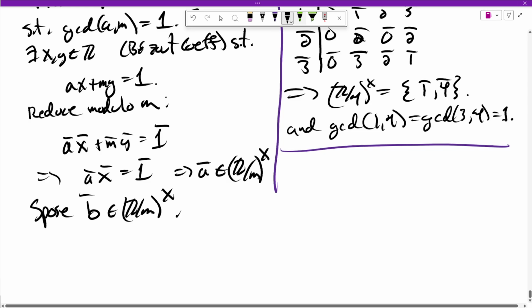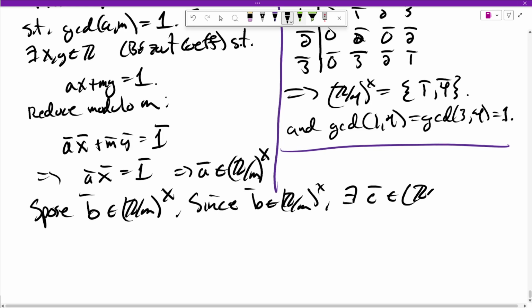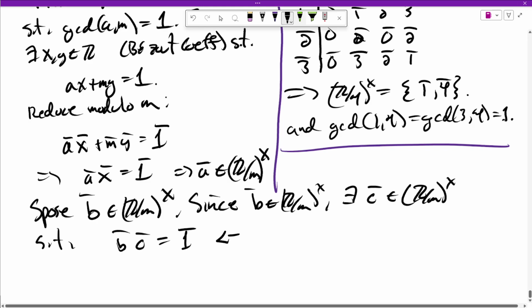Since it's a unit, there exists some c bar in Z mod m cross such that b bar c bar is 1 bar, or equivalently, by the rule for multiplication, bc bar is 1 bar.